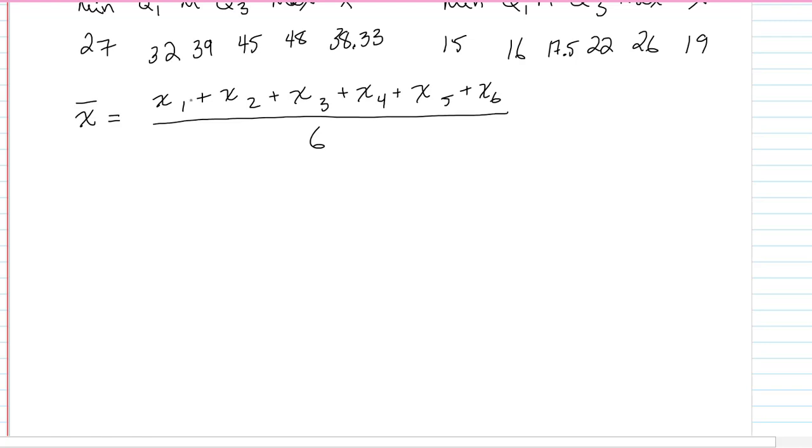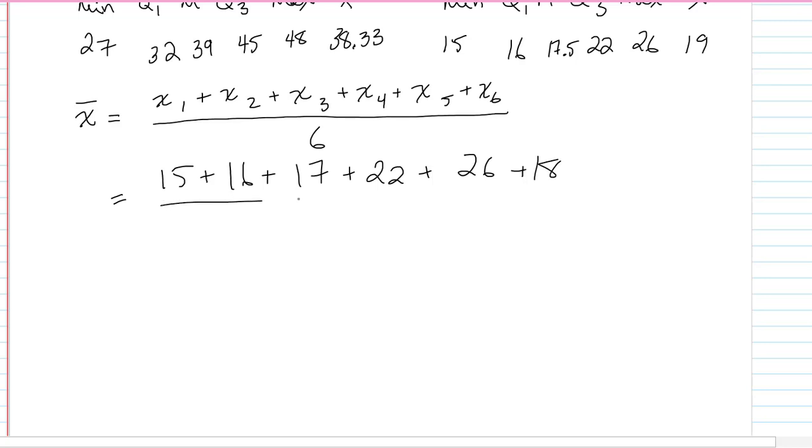But if we were talking about booth 2, then this would be 15, 16, 17, 22, 26, 18. So I'll just do it for booth 2. X bar would be 15 plus 16 plus 17 plus 22 plus 26 plus 18. And since there are 6 numbers here, we divide the whole thing by 6.